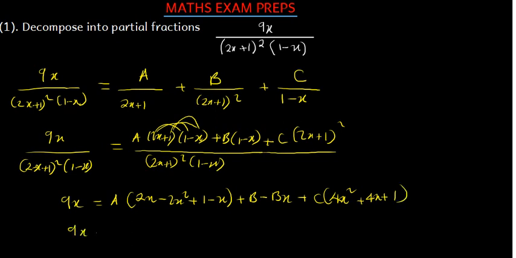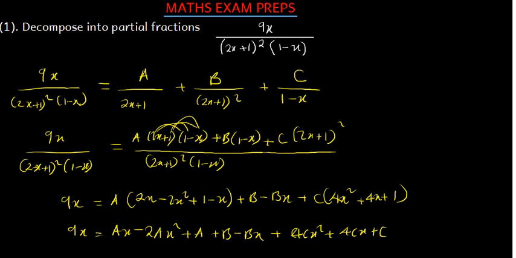So 9x is equal to, multiplying A with everything in this bracket, 2x minus x gives us x, so A times x is Ax, and A times negative 2x squared is negative 2Ax squared, and A times 1 is just A. Then plus B minus Bx, plus C times 4x squared is 4Cx squared, C times 4x is 4Cx, then C times 1 is C.